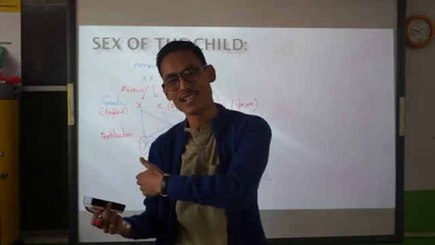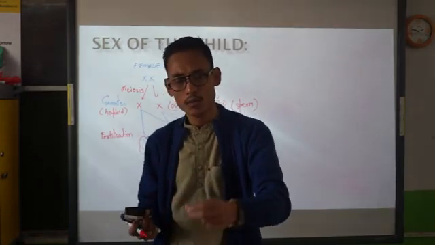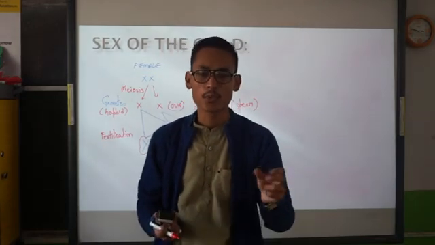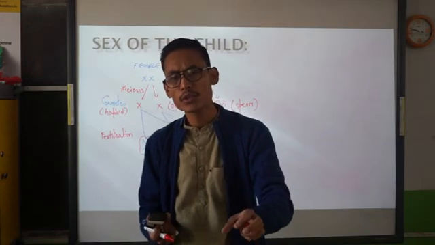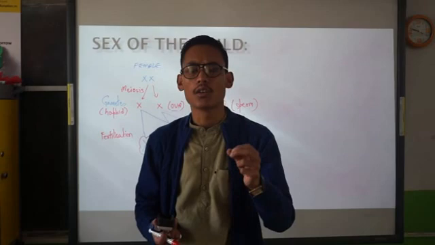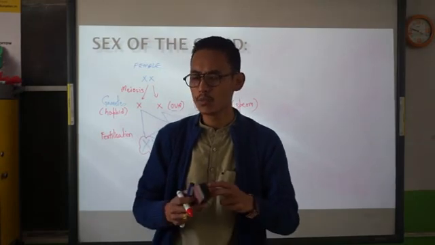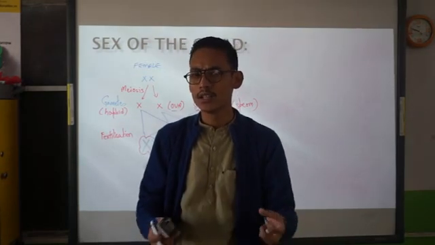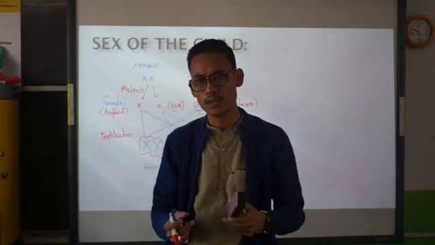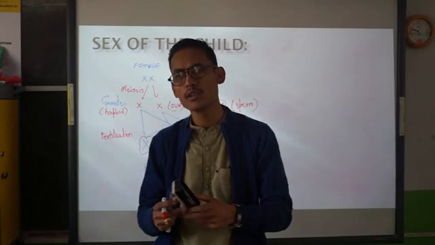Clear? So now in the next topic, we will learn about embryogenesis, the process which will lead to the formation of an embryo from a single fertilized egg or from the zygote. And we will see what are the different events under embryogenesis that will lead to the formation of an embryo and lead to the formation of a fetus.